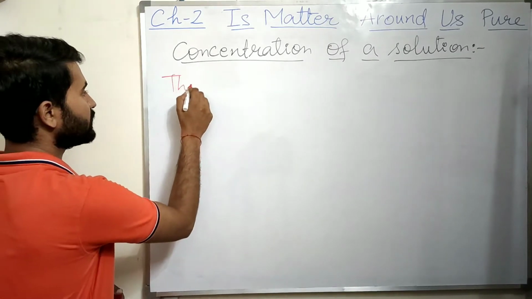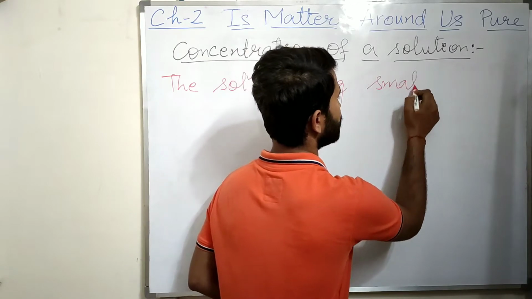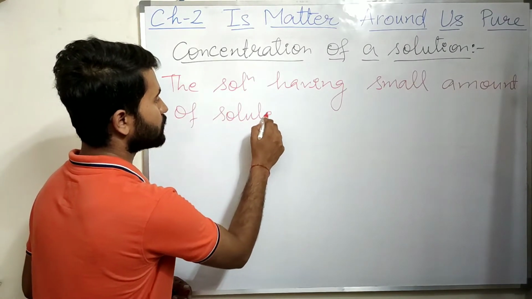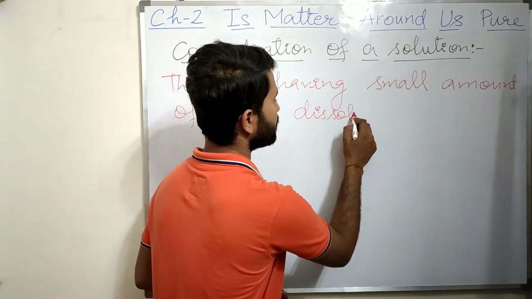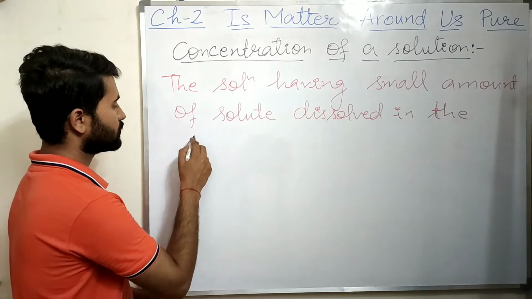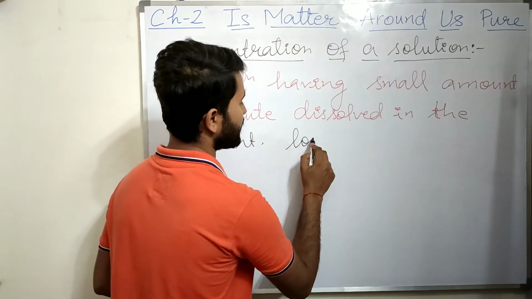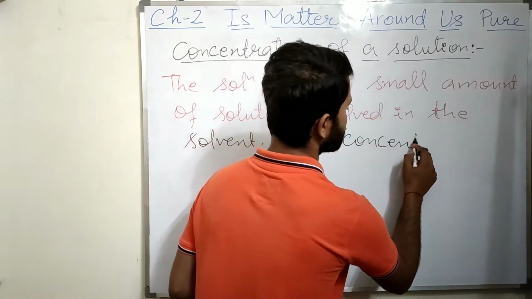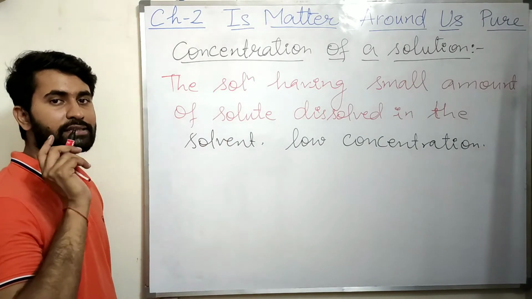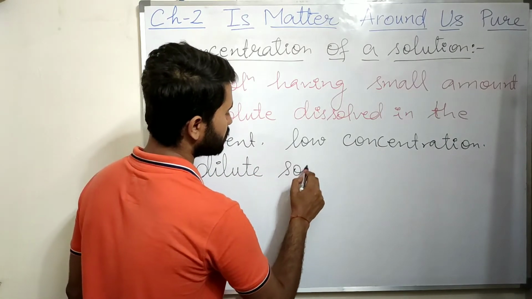The solution having a small amount of solute dissolved in the solvent is said to have low concentration, and this kind of solution is known as a dilute solution.